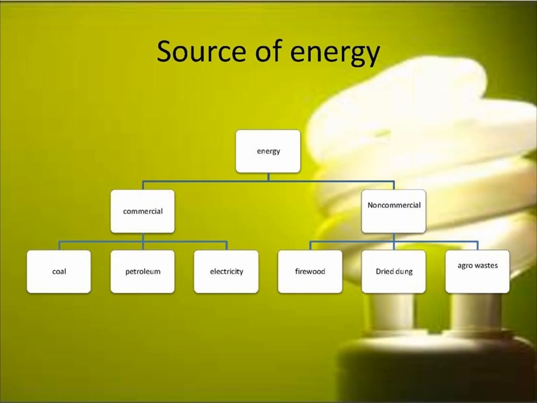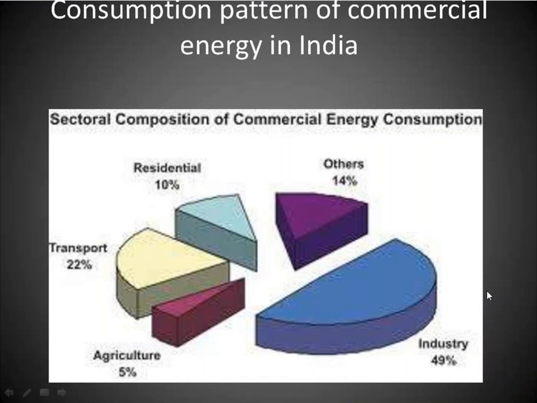Energy can be classified as being used for commercial or non-commercial purposes. For commercial purposes, it can be coal, petroleum, and electricity, and for non-commercial, it can be firewood, dried dung, and agro wastes. Now the consumption pattern of commercial energy in India.